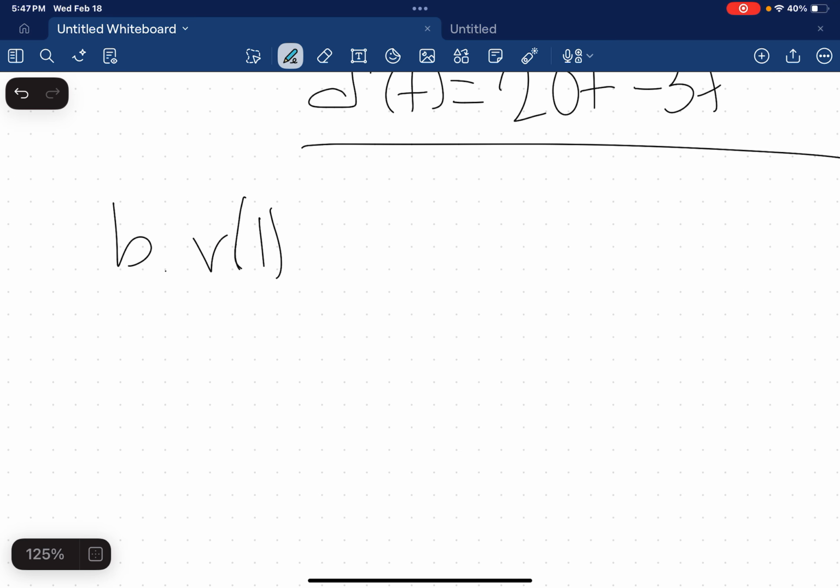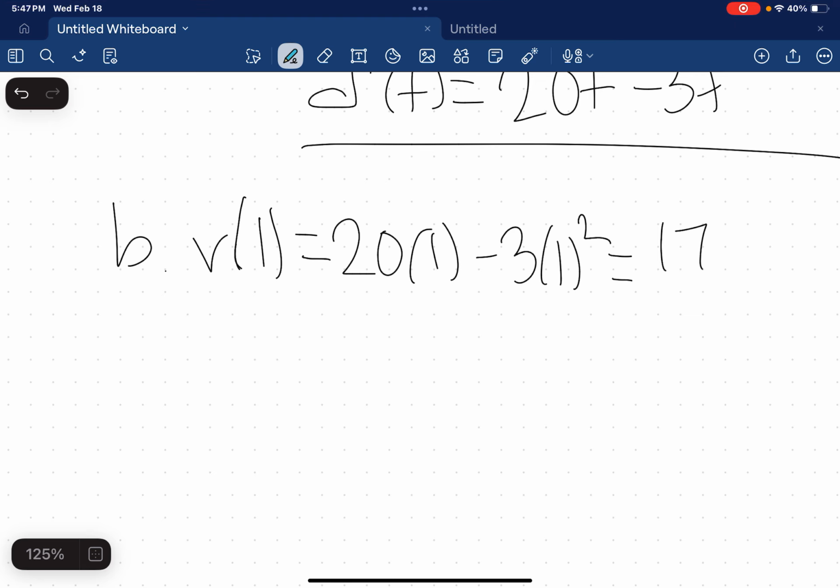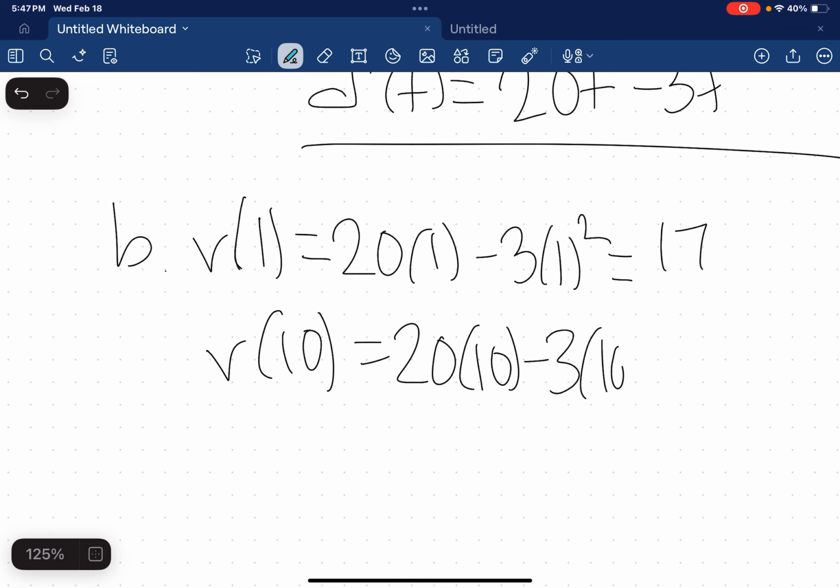At 1 second, we have 20 times 1 minus 3 times 1 squared, which is just 20 minus 3, which is 17. Just assume meters per second. And velocity at 10 is going to be 20 times 10 minus 3 times 10 squared, which is 200 minus 300, which is negative 100.